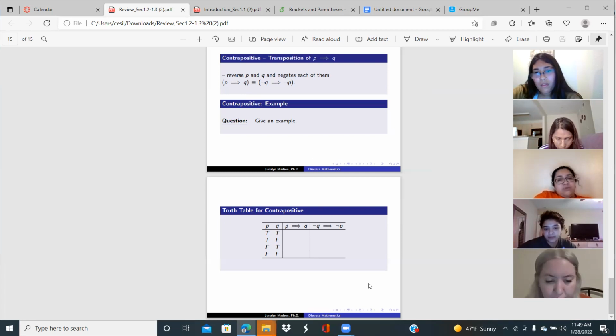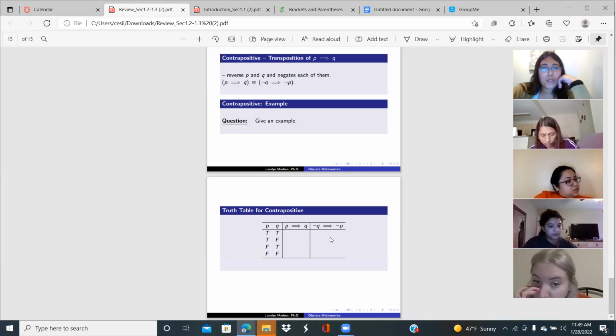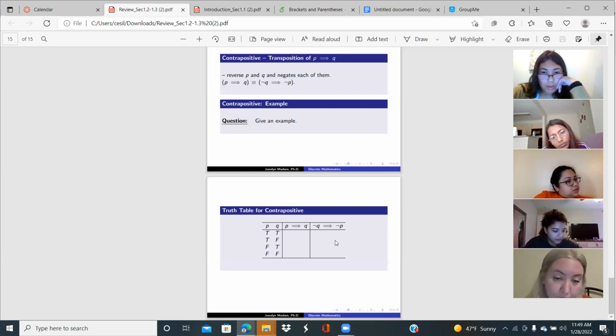And logically, they're equivalent to P then Q. That makes sense. The contrapositive of P then Q would be not Q then not P. So basically the two middle rows would be true, and the top and bottom would be false? With the contrapositive, it's going to be true, false, true, true.